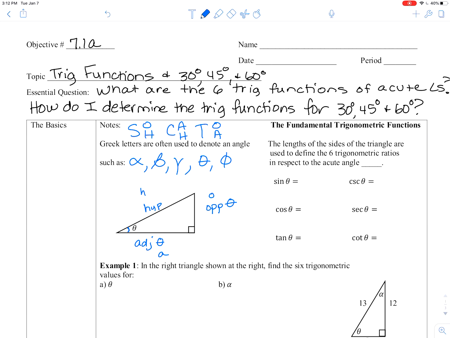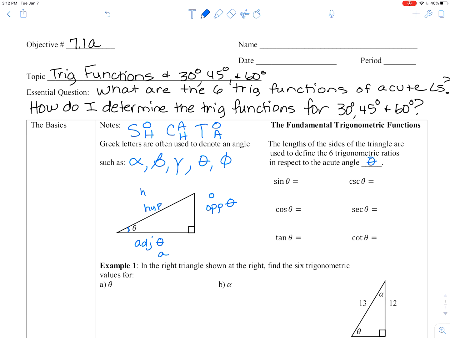Okay, now that we've got those basic pieces of information down, let's talk about the fundamental trig functions. It's really critical to learn these. The lengths of the sides of the triangle are used to define the 6 trig ratios in respect to the acute angle theta. Remember, you have to start from the angle's perspective.